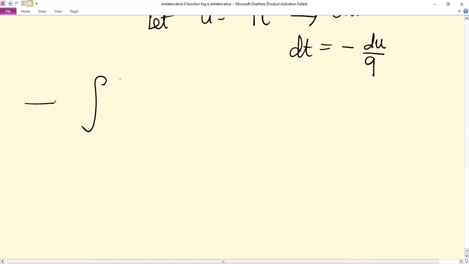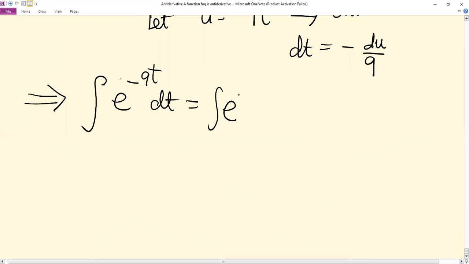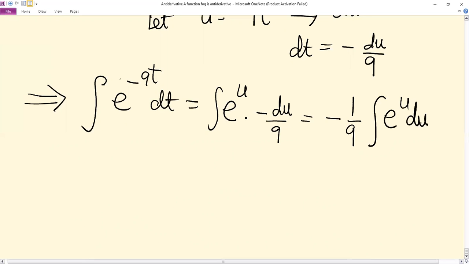So the integral of e raised power minus 9t dt will be the integral of e raised power u times minus du over 9. So we factor out negative 1 over 9, integral e raised power u du. And whenever you integrate an exponential function, you get exponential function.